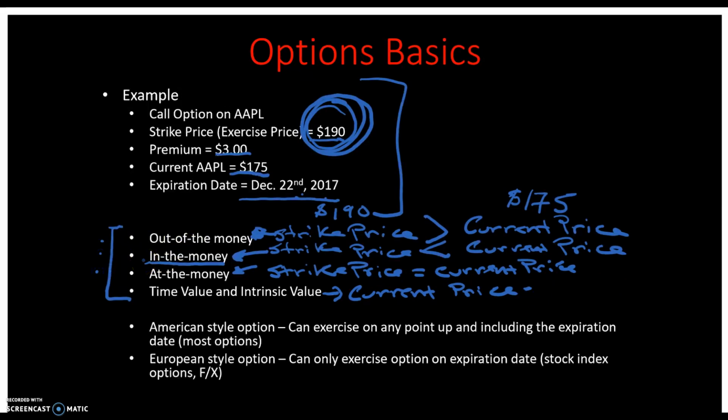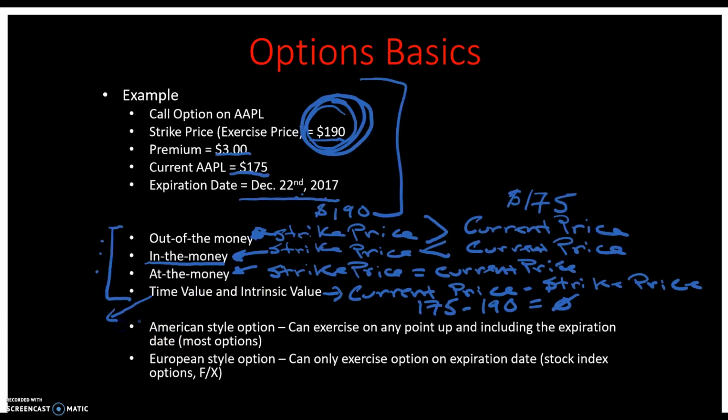If we looked at a put option, remember, it would be the other way around. Current price minus the strike price. So in this example here, the current price is $175 minus the strike price, $190. This would actually be minus 15, but this doesn't go negative. Okay, so that's simply going to be 0. Now we have done the intrinsic value.